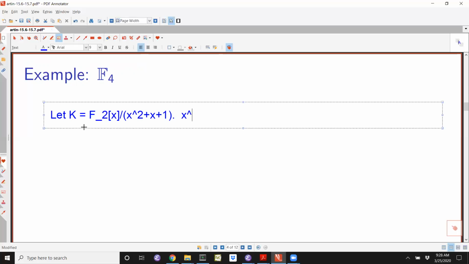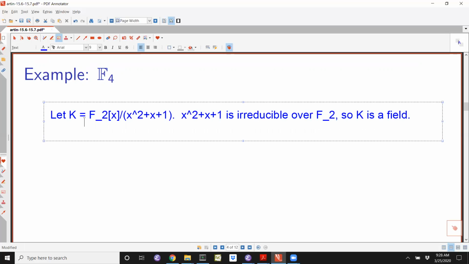As you all know from the homework and various other sources, x squared plus x plus 1 is irreducible over F2. So K is a field. Remember, when you take a ring of polynomials and you kill an irreducible polynomial, you get a field.